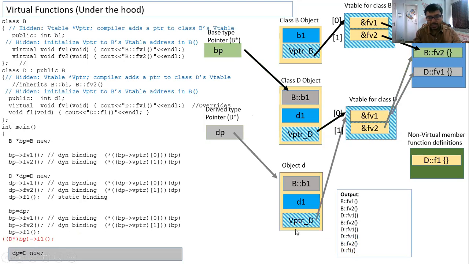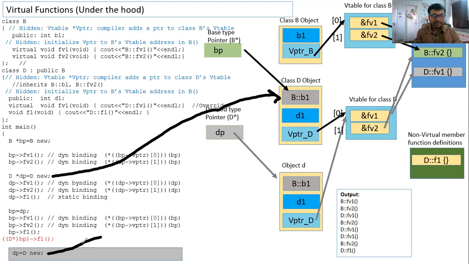This was the previous one, and this was the outcome of this call, which is creating this object. Once this is done and DP is pointing to it, DP, which earlier pointed to this, is now pointing to this. Now you see that there are two objects of derived type.